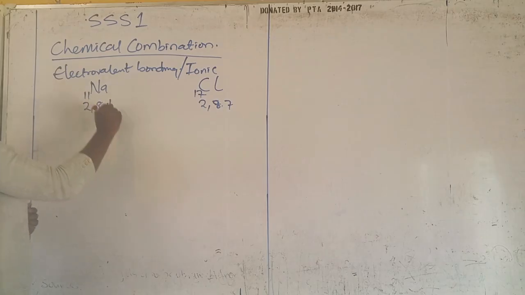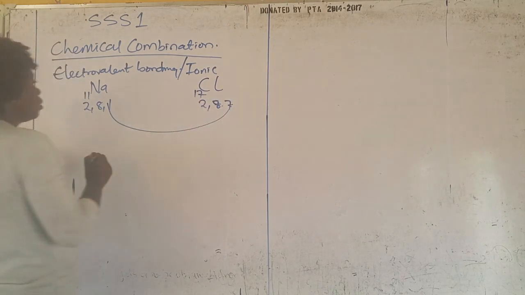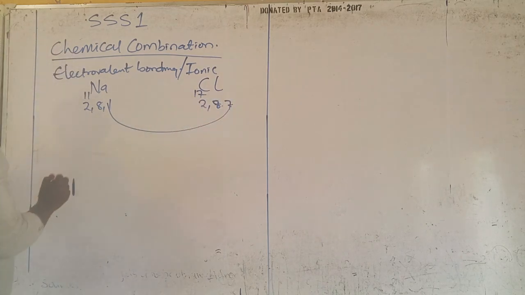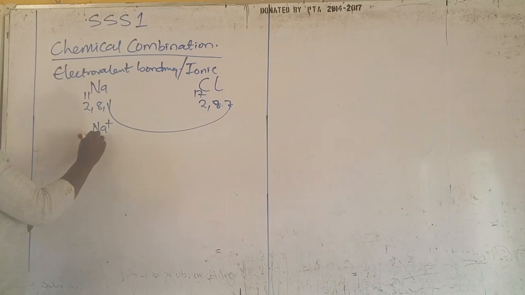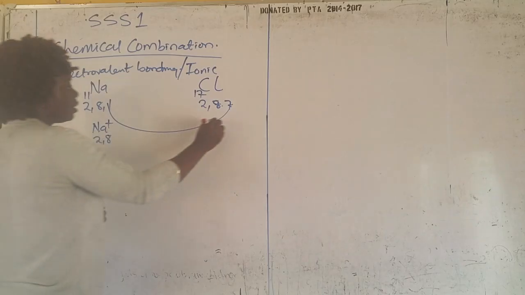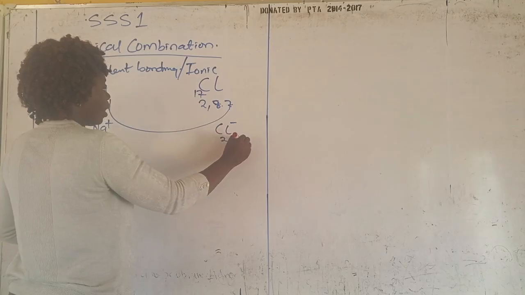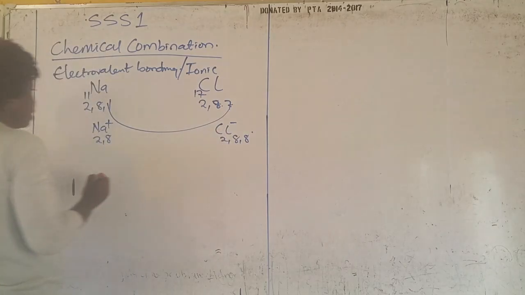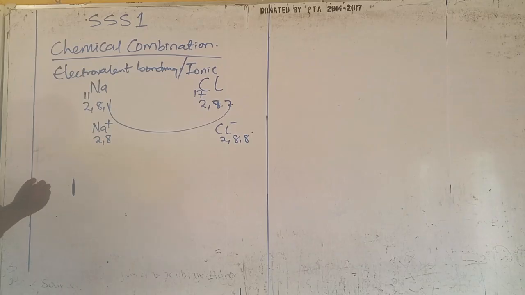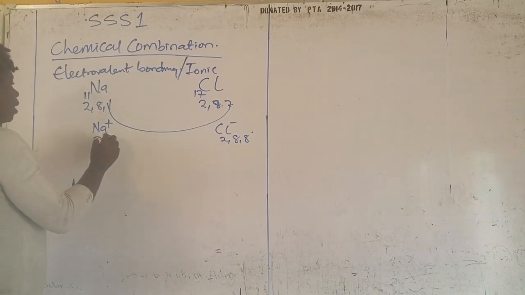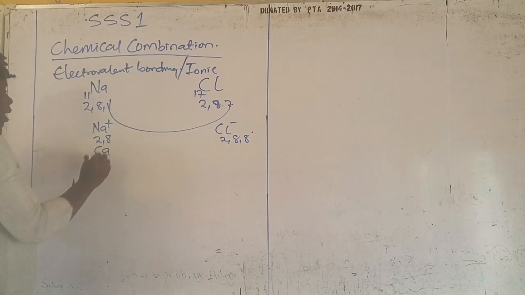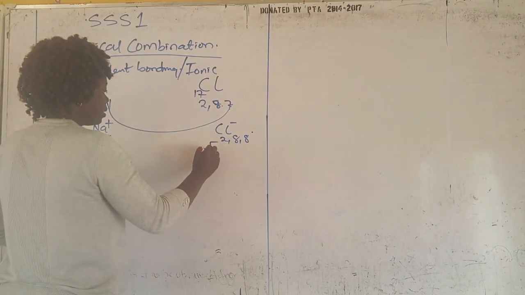So sodium will be willing to give out this electron to chlorine. So at the end of the day, when the transfer of electron is done, the sodium becomes positive and you have 2, 8. Then the chlorine becomes negative and you have what? 2, 8, 8.